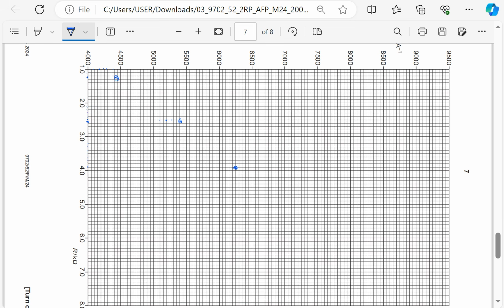Then the next one is 5.25 against 7,140. So 5.25 is in here. It's against 7,000, 7,100. This is 140, must be in between here, almost on 150.